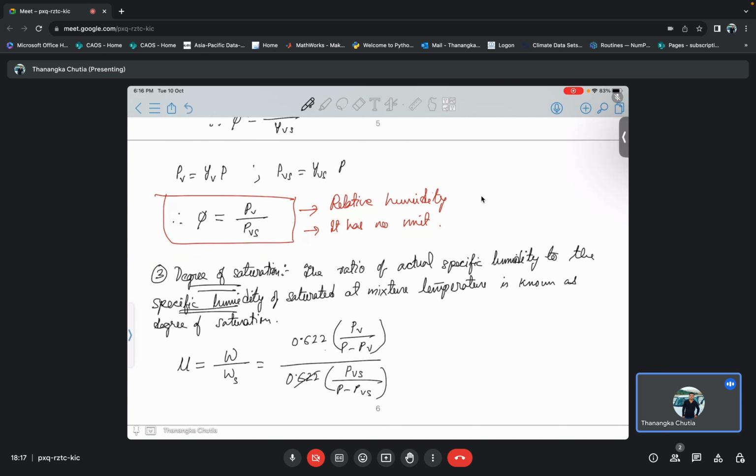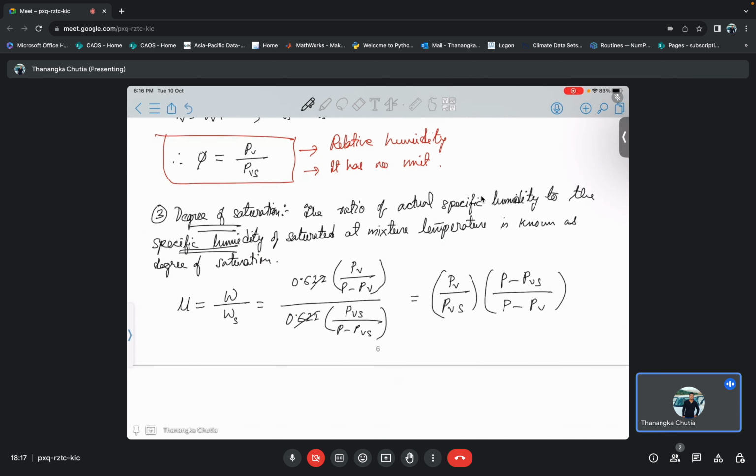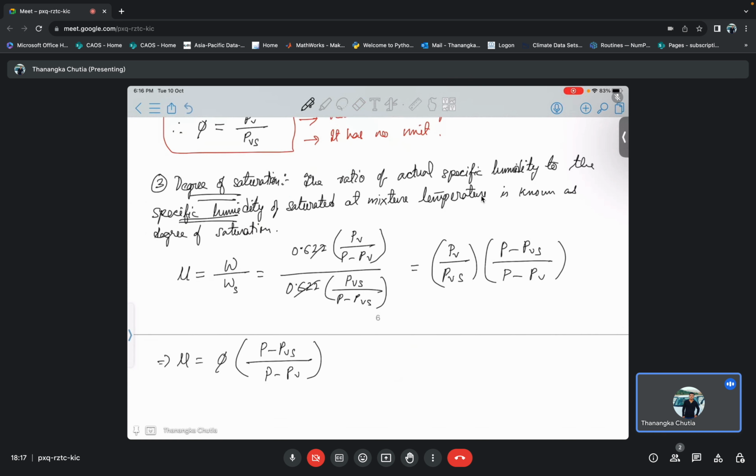We cancel this, then we get PV by PVS times P minus PVS divided by P minus PV. So this is your degree of saturation. So mu is nothing but phi times P minus PVS divided by P minus PV.